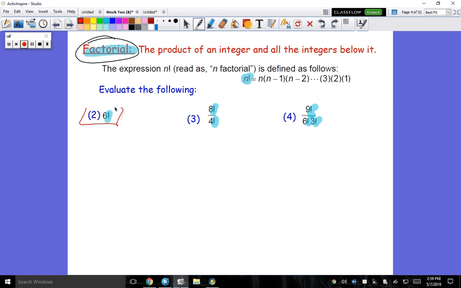Mathematically, let's look at what this represents. This is 6 times 5 times 4 times 3 times 2 times 1. Not times 0, because the whole thing would be what? 0. This is 6 factorial. So you get 30 times 4, whatever that is, times 3, and so on and so forth. And this is going to give you 720. I'll show you what we do with these numbers here in just a bit, okay?